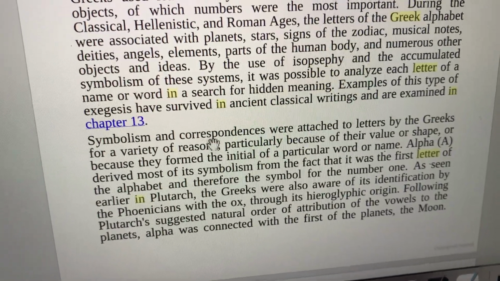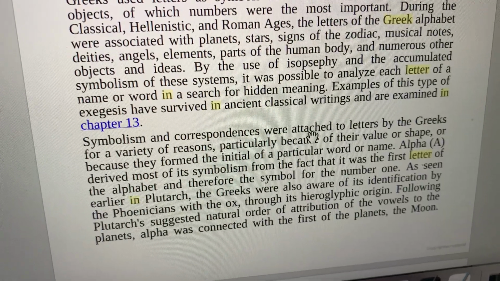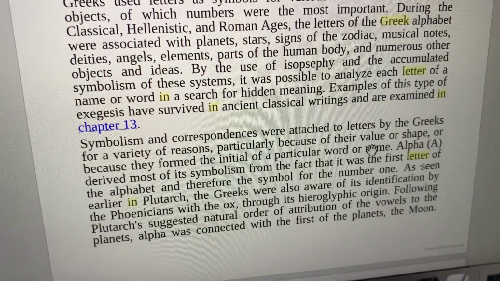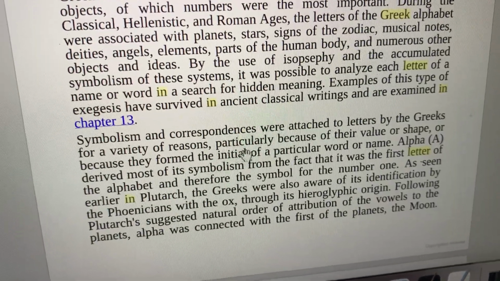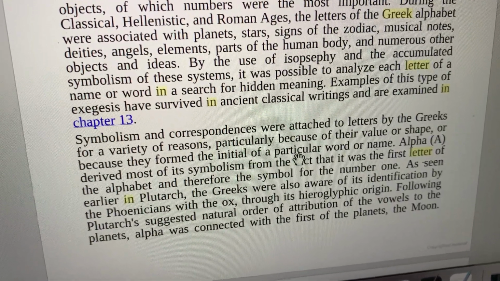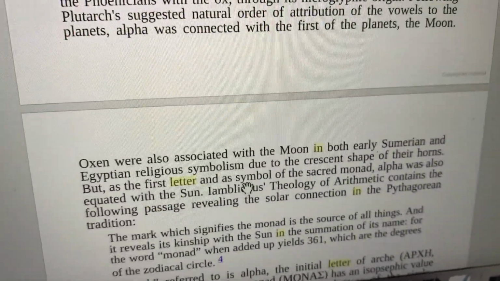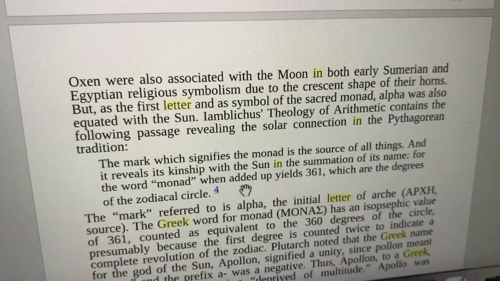So symbolism and correspondence were attached to the letters by the Greeks for a variety of reasons, particularly because of their value or shape, or because they formed the initial of a particular word or name. So it's going to go on and tell us what each of them mean. And then I have the one down here.